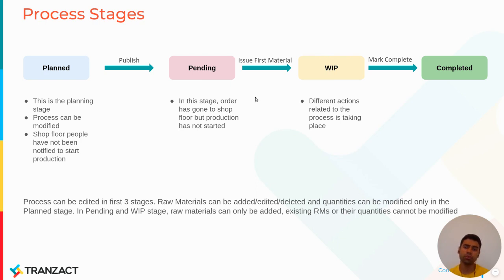A key thing to note is that the production order or the process can be edited in the first three stages. However, raw material cannot be deleted in the pending and WIP stages. It can only be added, edited, and deleted in the planned stage. In the pending and WIP stages, you can only add new raw materials. You cannot edit the older ones.